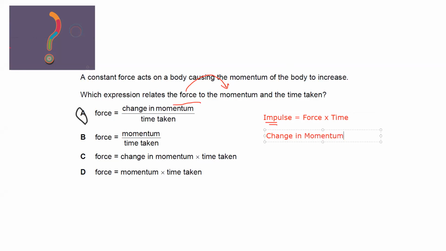So change in momentum is equal to force multiplied by time, and time is multiplied, the other side it will divide. So we can say that the change in the momentum divided by time is equal to the applied force. That's why A is the right answer for this one.